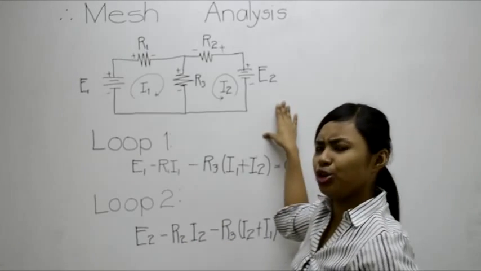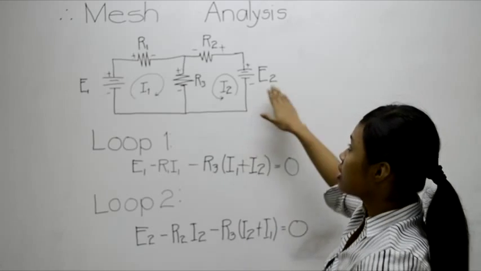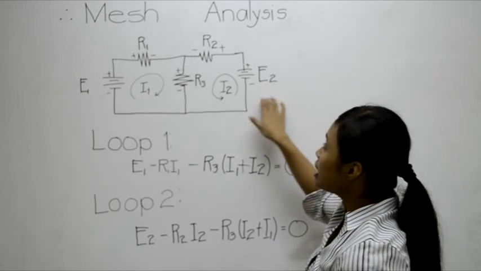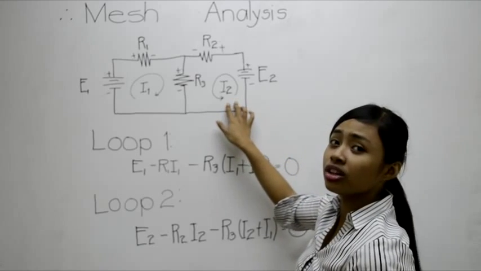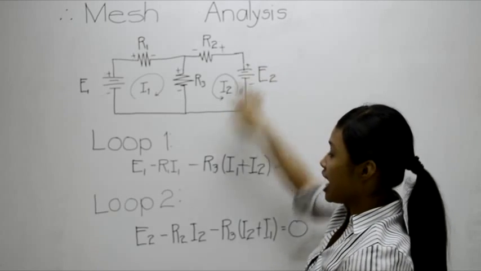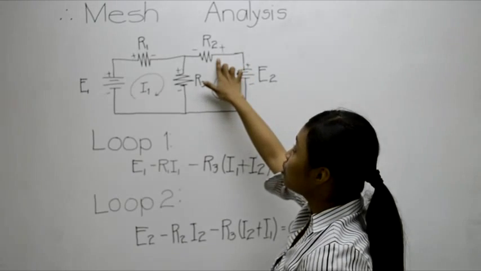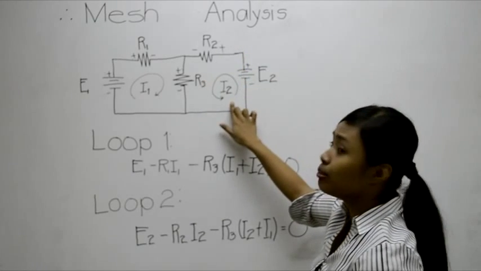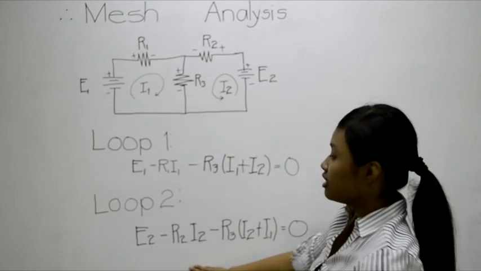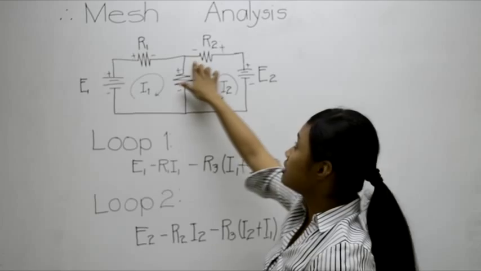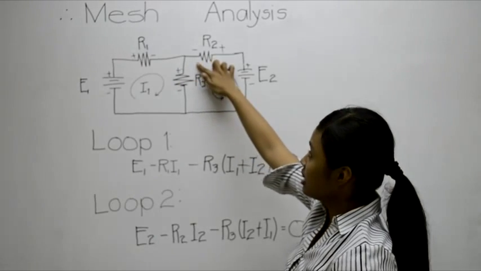So on loop number 2, we will start on voltage number 2. Since my loop here is going counterclockwise, it will become a positive. So resistor number 2 multiplied to current number 2 here will become the equation, and it will become a negative since it ended on the negative side.